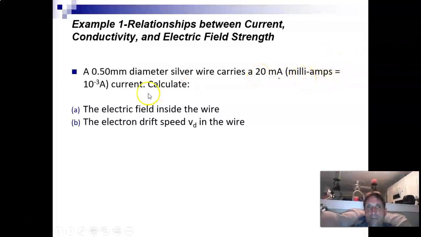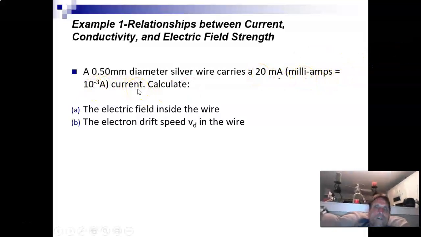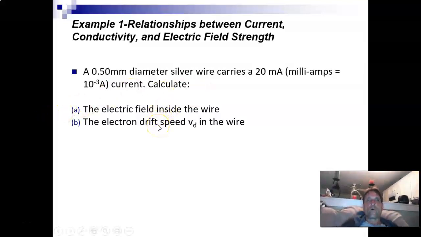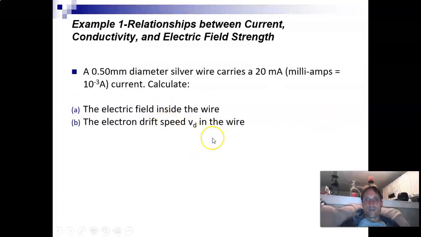A milliamp is 10 to the negative 3 amps. What we want to do first is calculate the electric field strength in the wire, and then second we'll calculate the electron drift speed, v_d, in the wire.